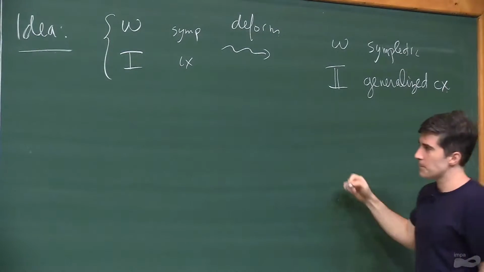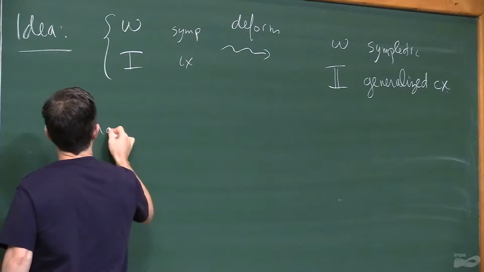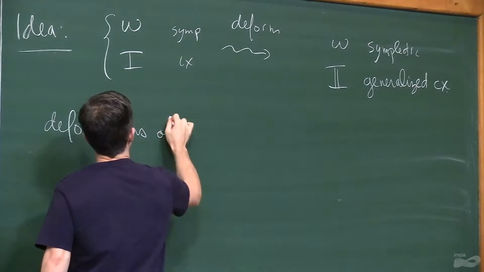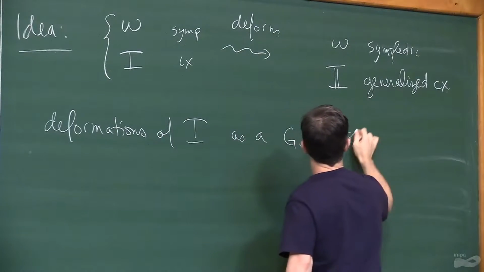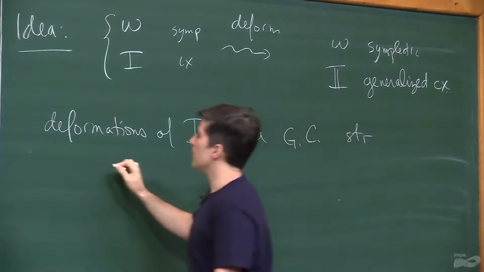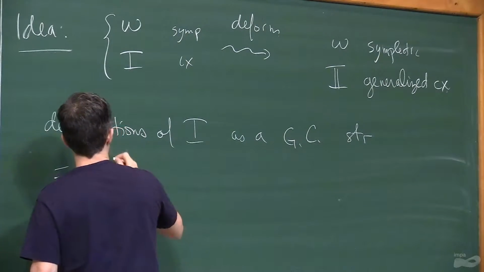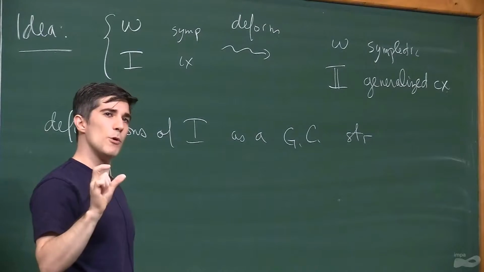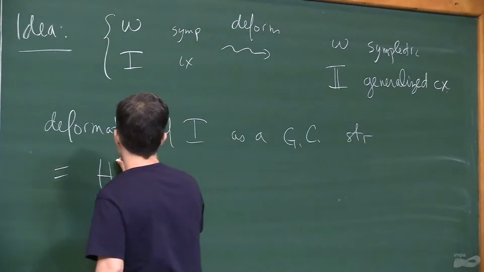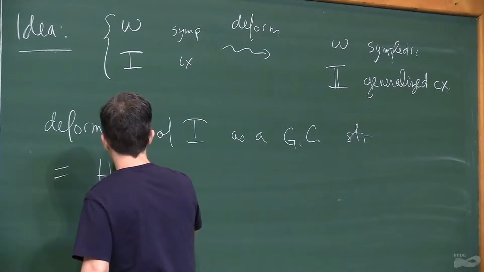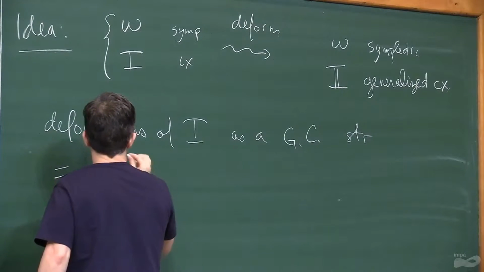Okay. Now, deformations of I as a generalized complex structure are given by a certain cohomology group, and I can just write it out.